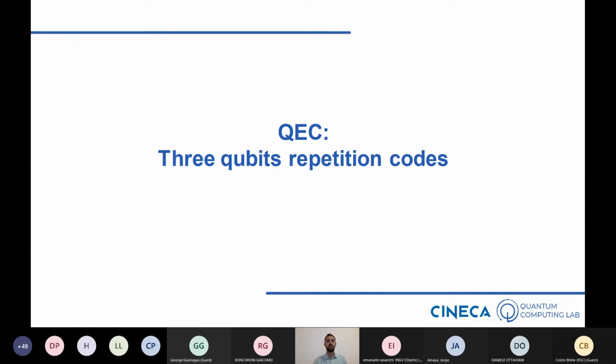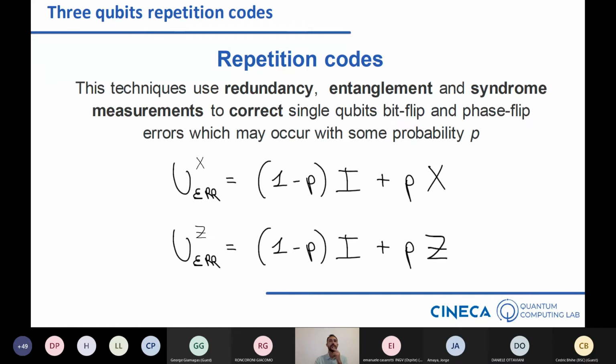Okay, let's start with quantum error correcting codes. In general, considering the fact that we cannot copy quantum states, we want to use redundancy, entanglement and syndrome measurement to correct single qubit bit flip and phase flip.